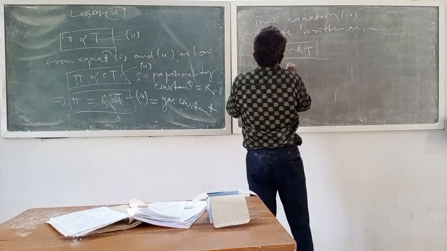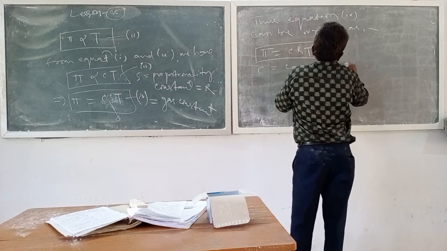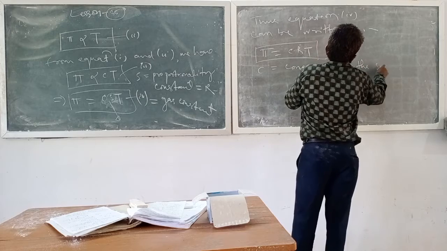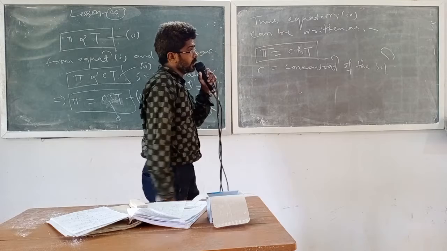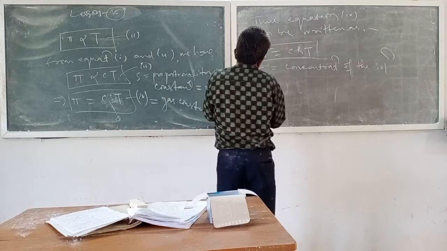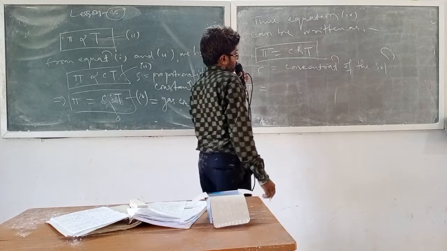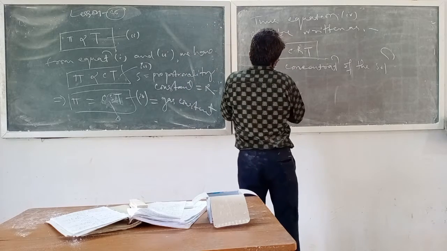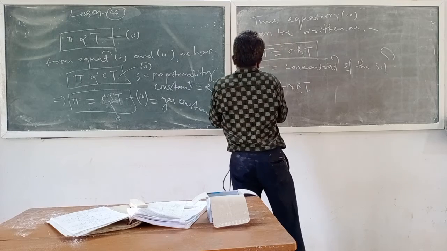Here C is the concentration of the solution. So pi equal to N by V into RT.